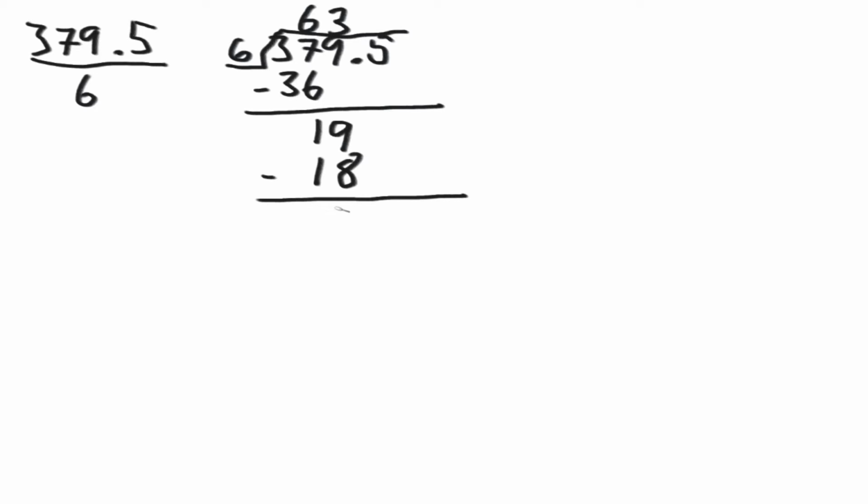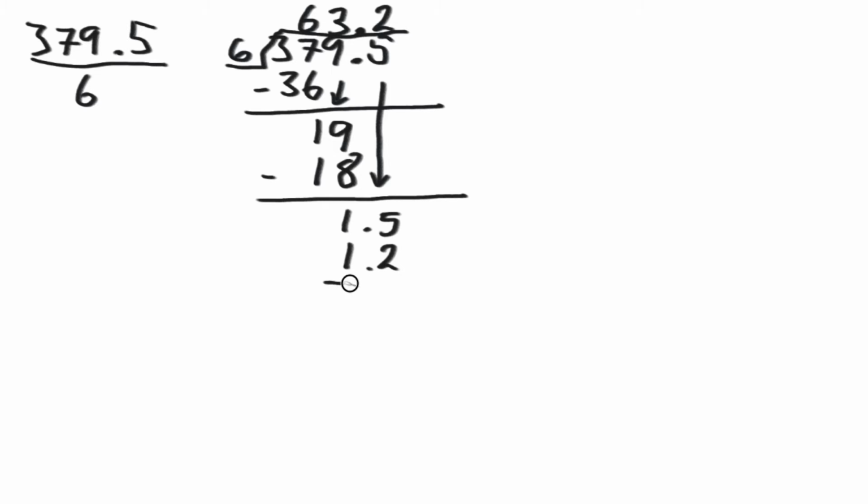So that leaves us with 1.5 or 15. So we got the 9 down here, the 5 down here, and so 2 times 6 is 12, 3 times 6 is 18, so 18 is more than 15. So 2 times 6 is 12.